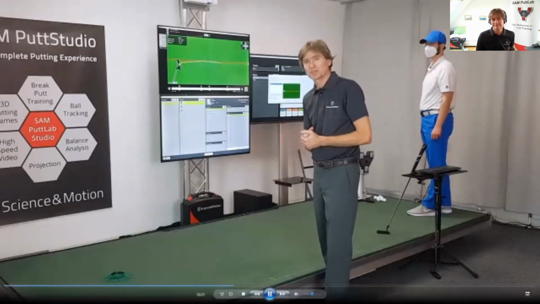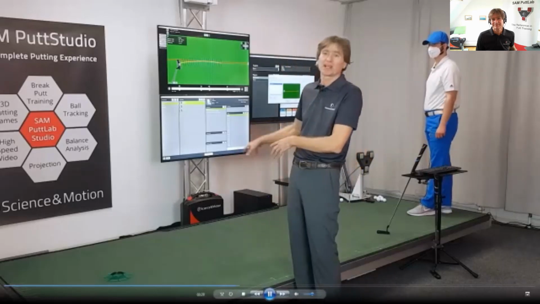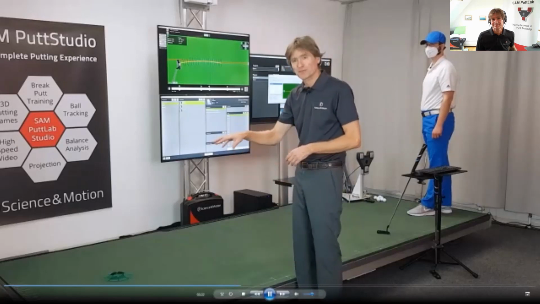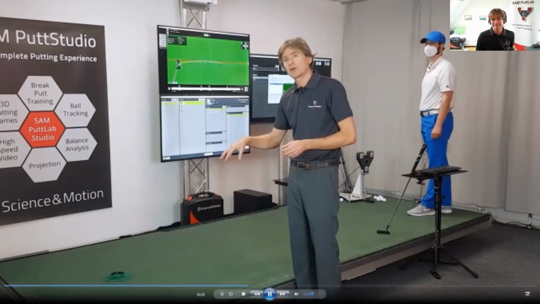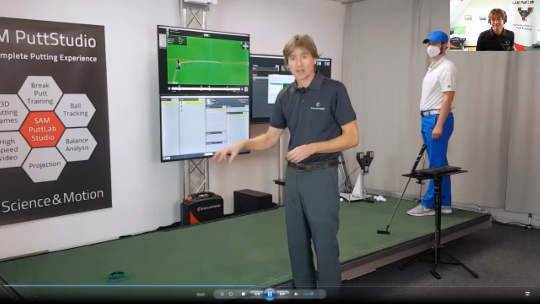You might also use a standalone mode where you don't even use the starting position. You can freely work through the surface, putt from different positions without a sensor, and ball tracking will recognize where your starting position is, and then we project different targets.